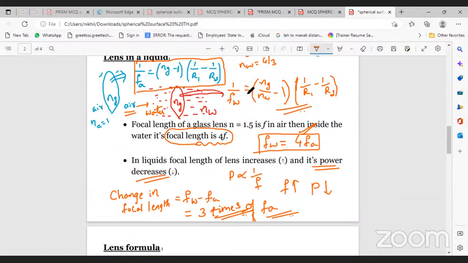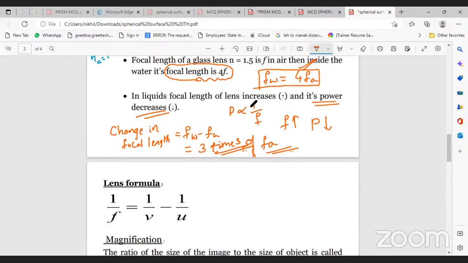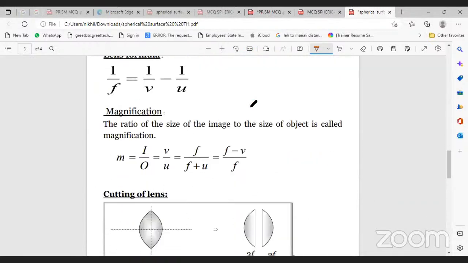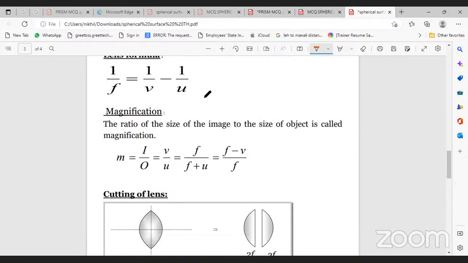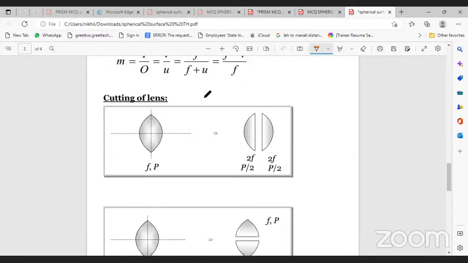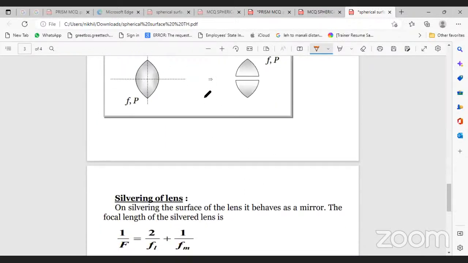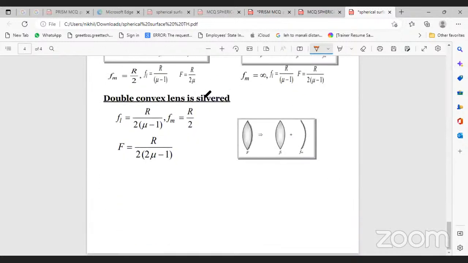Still there are 3 more concepts. One is called the lens formula. The second one is called the magnification and cutting of a lens, how it undergoes the refraction.